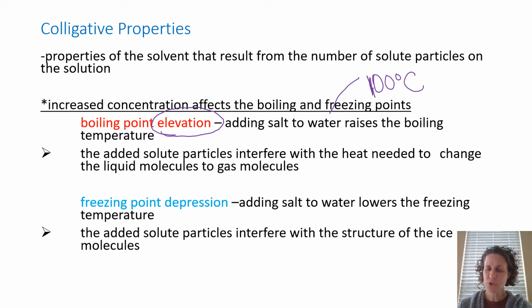It's not a huge change, but it's enough to be measurable. It is enough that it makes a difference as far as how long to heat it, those kinds of things. You'll hear people say that adding salt to water will help pasta cook faster. You'd have to have a lot of salt to really make a difference in the cooking time, but it is a true statement.